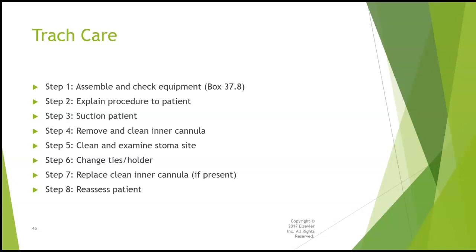Then I would change the ties in the holder, make sure I have clean, dry ones on, and put in a new clean inner cannula. After that, I'm going to reassess my patient, possibly suction again if the patient needs it, and make sure that they have adequate breath sounds, vital signs, and oxygenation, and no adverse effects.